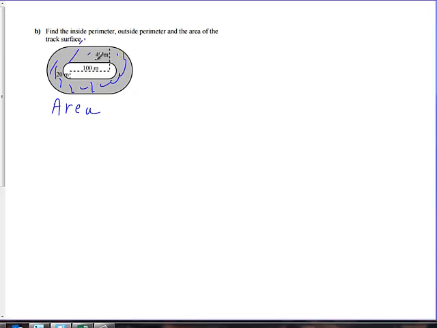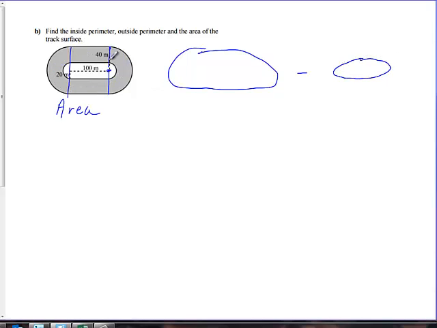Now to do that, we need to figure out one big area and then subtract off that small unshaded area. We're going to take that large object and we're going to subtract off this small object. The distance for this entire blue line is going to be 80 meters. We already know our distance along the top is 100.